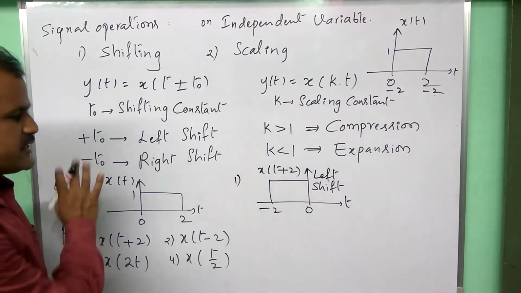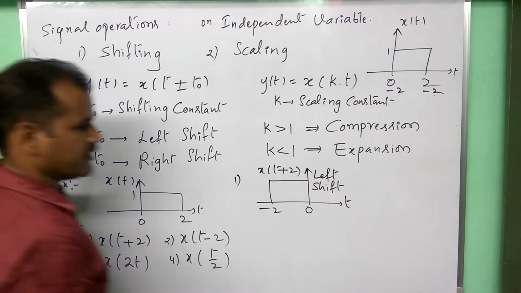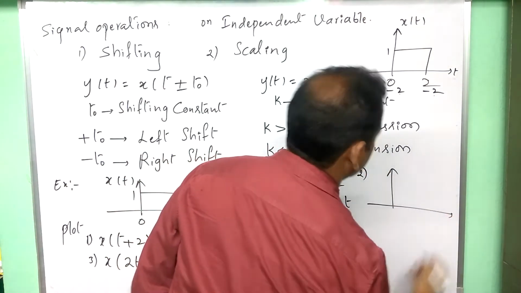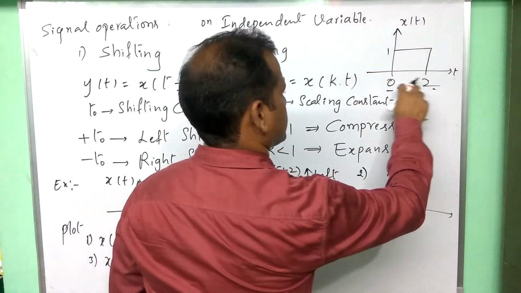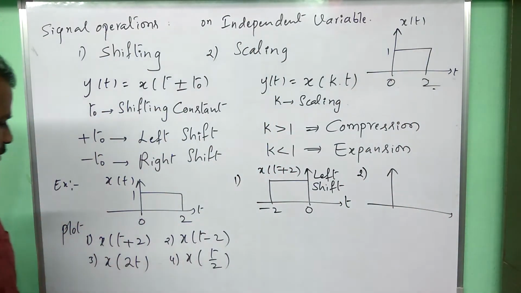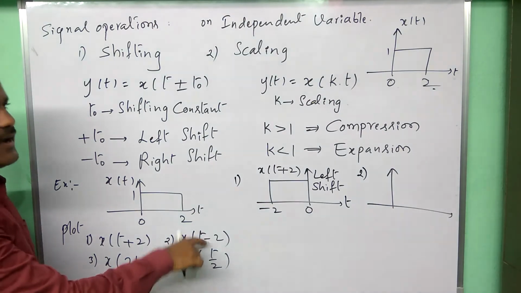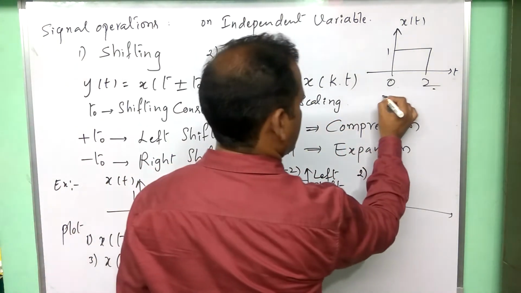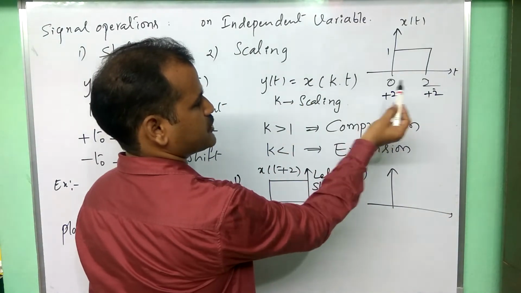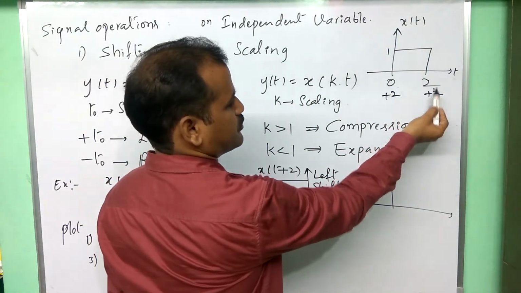Similarly, let us consider minus t naught, that is the second signal. To plot this signal, since minus 2 is there, take plus 2 for all the instants. The first instant is at plus 2 and the last instant is 2 plus 2, which is 4.